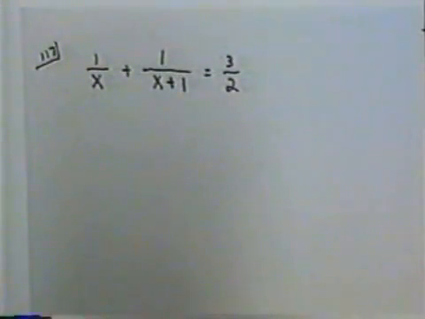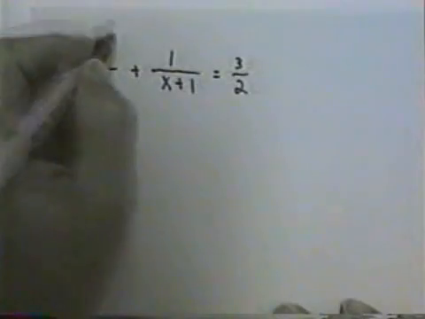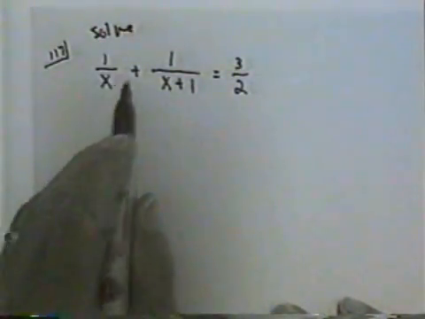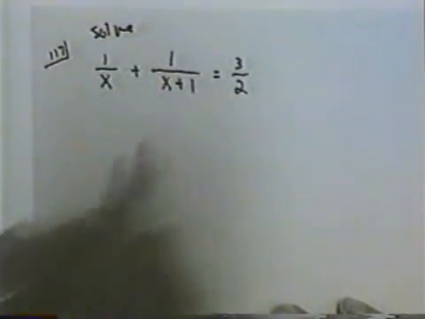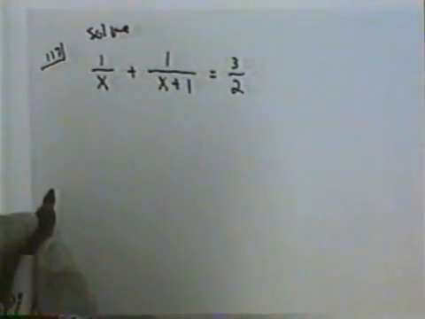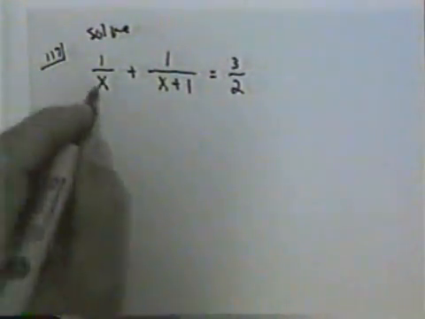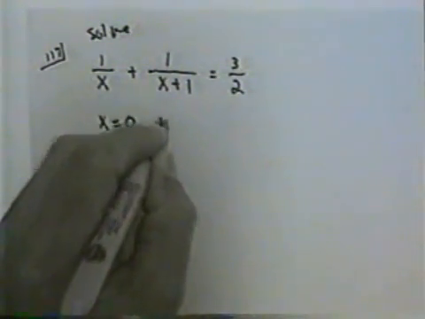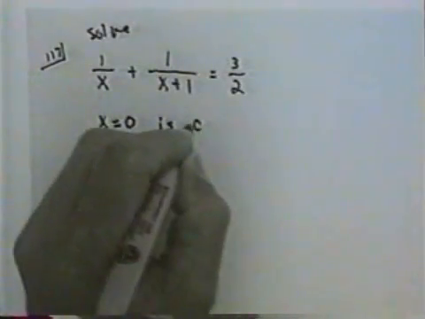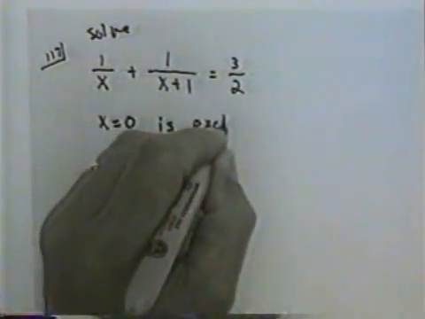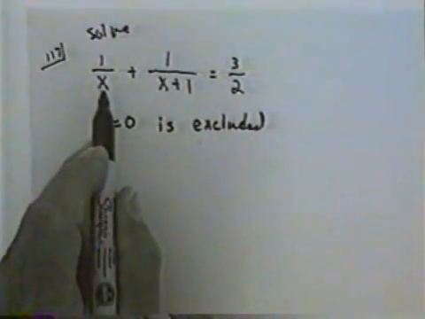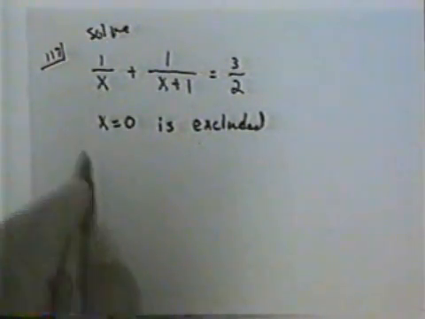Let's look at another example. Let's solve 1 over x plus 1 over x plus 1 is equal to 3 over 2. Now for excluded values, we know that x equals 0 is excluded, because division by 0 is not allowed. So x cannot be 0.